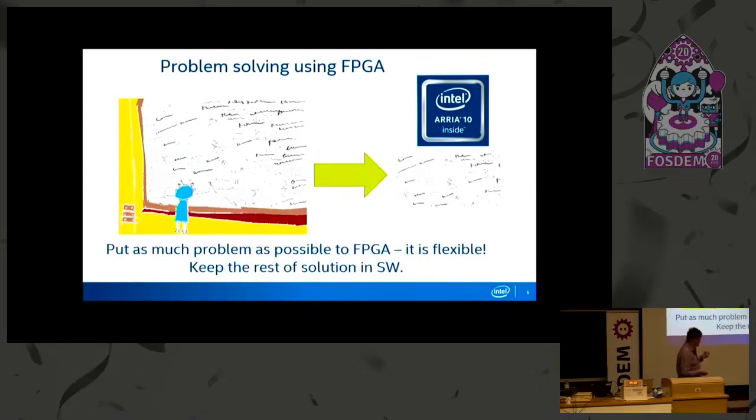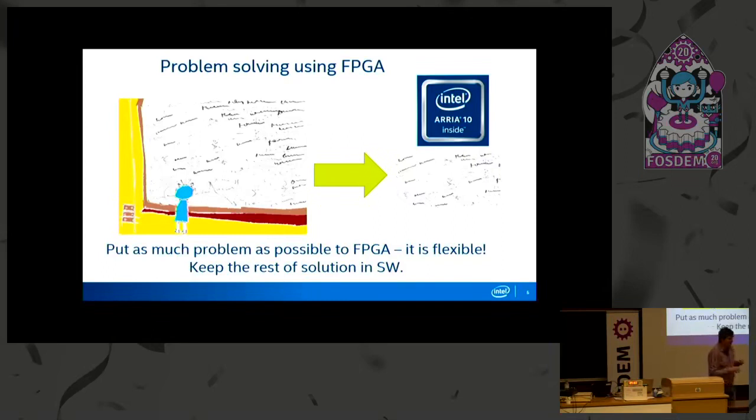An additional trick that you can do: try to put as much of the problem as possible into the hardware, yes, into the FPGA. Try to solve as much as possible inside the hardware, yes.